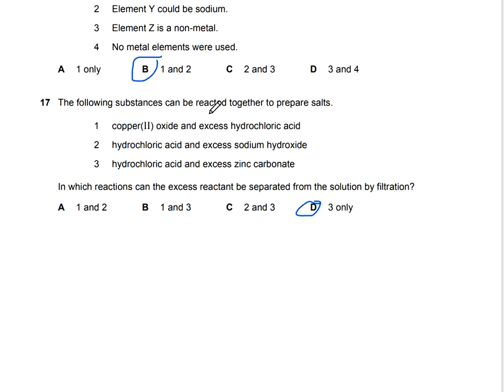In copper oxide and excess hydrochloric acid, the excess reactant to be separated by filtration cannot be the hydrochloric acid, only the copper oxide, so this one is not correct. For hydrochloric acid and excess sodium hydroxide, they will produce gases and therefore you cannot separate them by filtration. So it's only the third wherein you can separate the excess zinc carbonate from the hydrochloric acid.